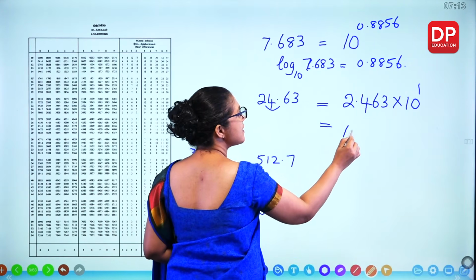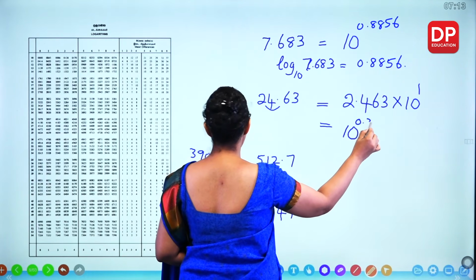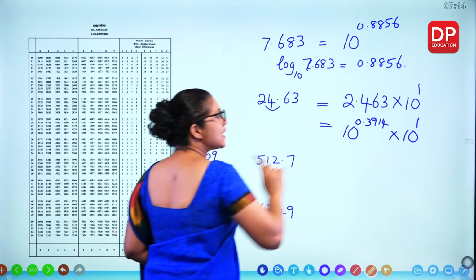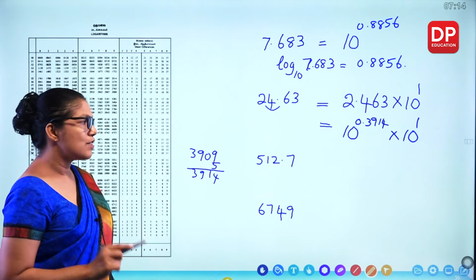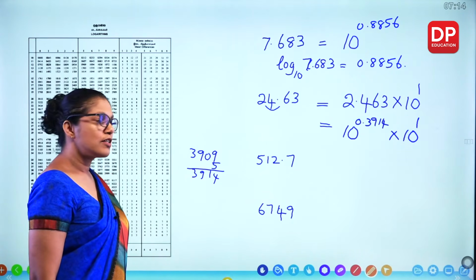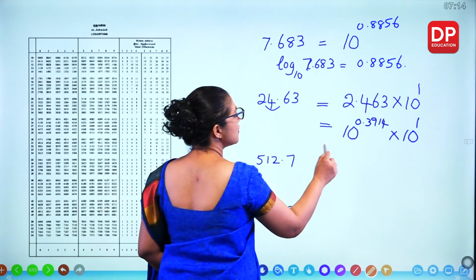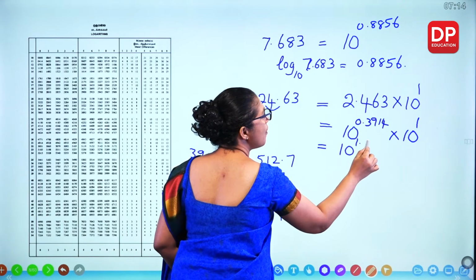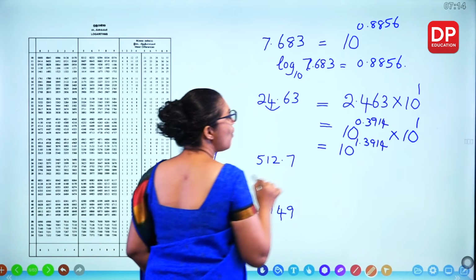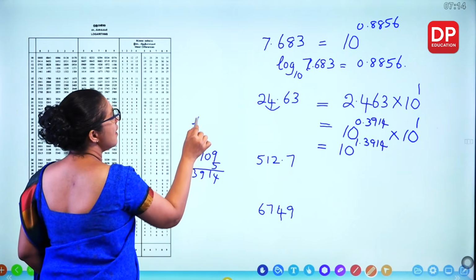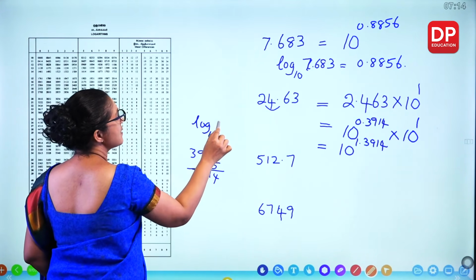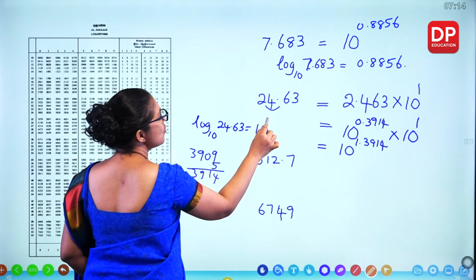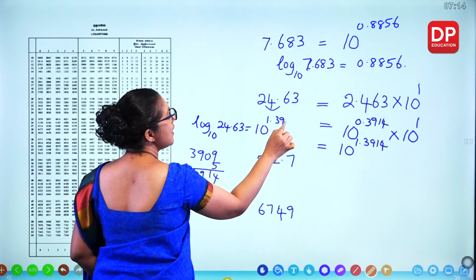I can write this number as 10 to the power 0.3914 into 10 to the power 1. Same way as different powers multiplication, you add the powers according to index laws. So what we can get? 1 and this one adding, 1.3914. Then what's the log value? Log 10 base 24.63 is equal to 10 to the power 1.3914.